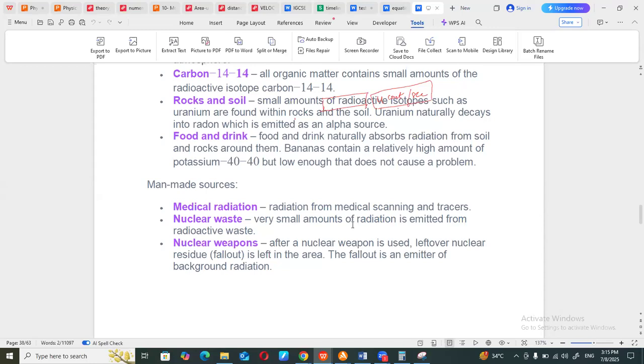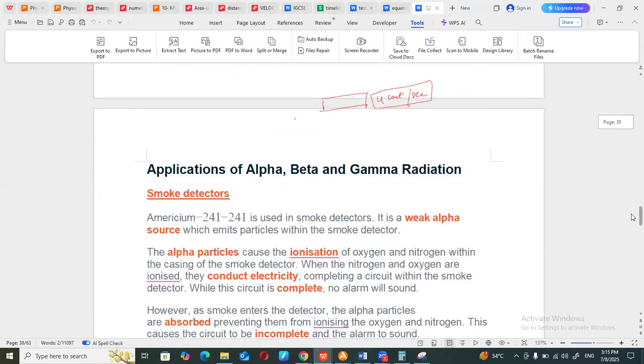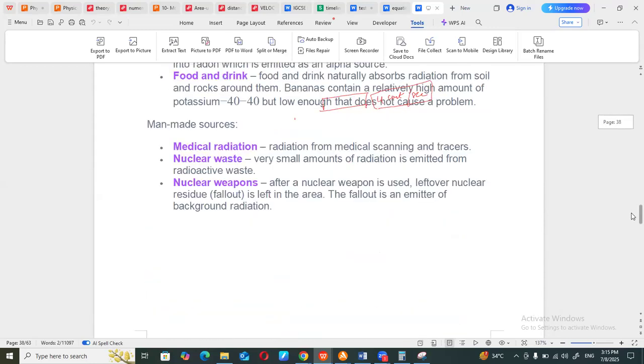Nuclear waste emits a very small amount of radiation, plus nuclear weapons: after a nuclear weapon is used, leftover nuclear residue is left in the area, and that fallout is an emitter of background radiation. Right? So this is what background radiation is.